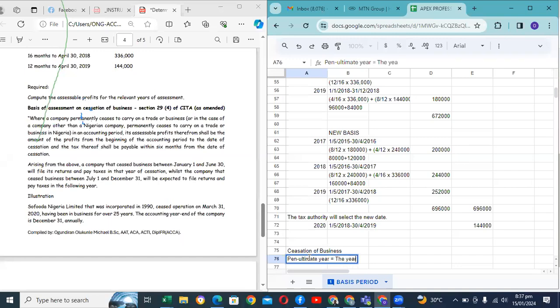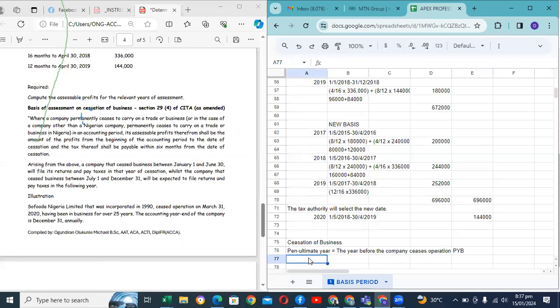Please, if you know something before, the old rule has been scrapped by Finance Act 2019. So the new rule is that the penultimate year will be assessed to tax on preceding year basis.